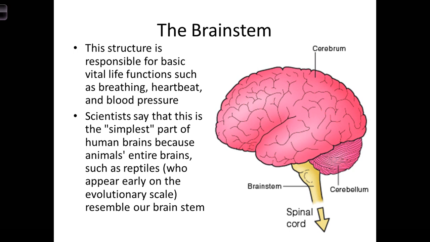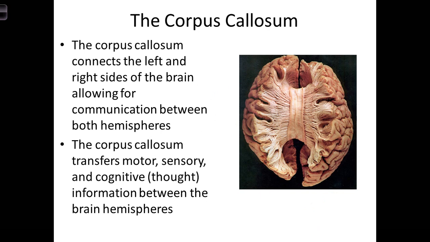And so that tells us they're probably quite primitive animals with probably little thinking, more sort of a bundle of reflexes, and just controlling those basic functions, so less capable of higher order thinking. So the brainstem, all you need to know, guys, brainstem controls those most basic functions, the things like heartbeat, blood pressure, and breathing.